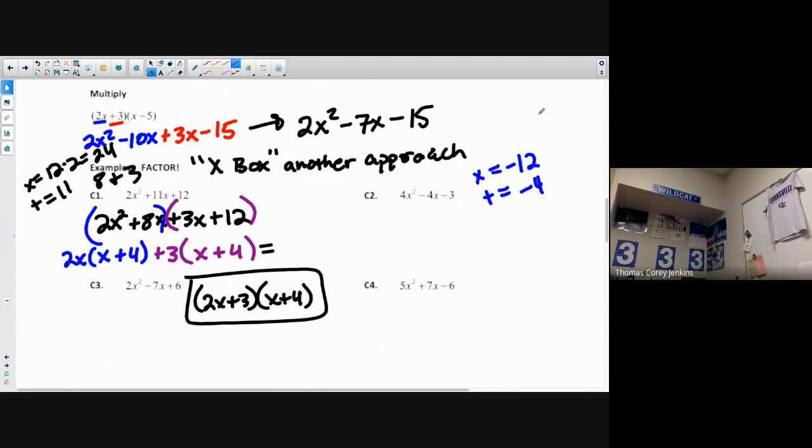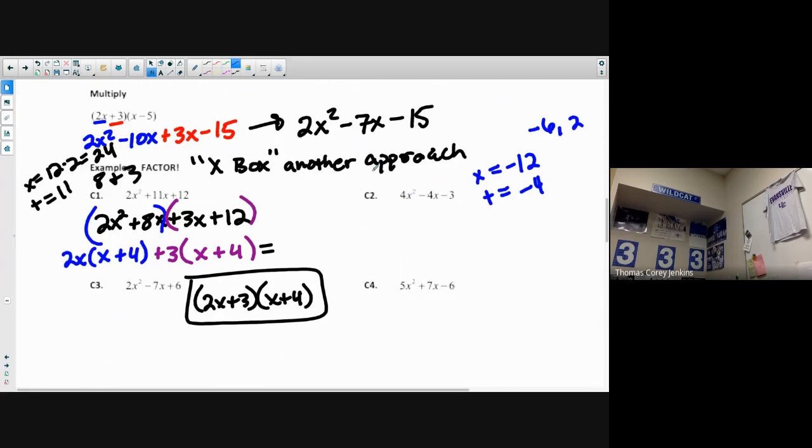So 12 and 1, not going to work. 6 and 2, that is going to work. If we want our sum to be negative, then we're going to let the 6 be the negative. So I'm going to split that middle term up as negative 6x plus 2x.